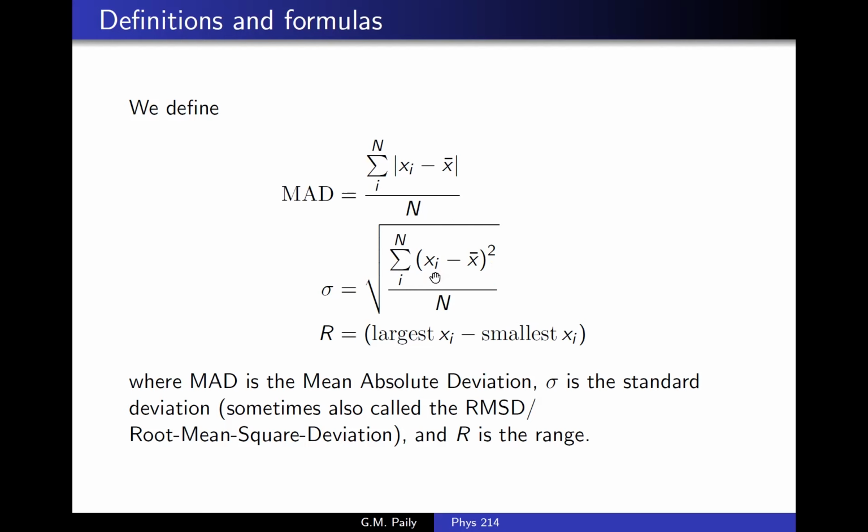Add up all those squared deviations, take the average, and then square root it. So that's the standard deviation. It's also called the root mean square deviation, which is just sort of a reminder of these operations. So you have the square root, you have the mean, and it's the mean of the squared deviations. So root mean square deviation. And then range is simply the largest xi minus the smallest xi.